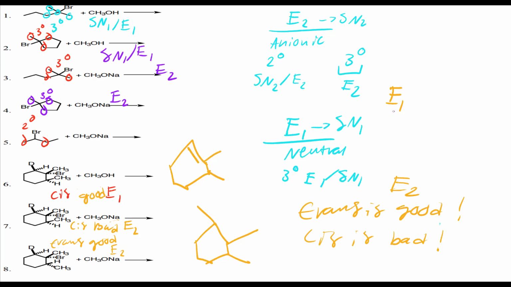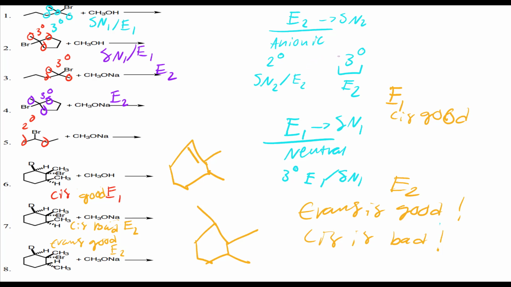But for E1, you're going to have that, cis is good. Okay? So for E1 reaction, cis is pretty good. So it could go up or down, right? But for E2, cis is bad. Right? So that's kind of like what you need to know. But anyways, I don't really think that's going to be on the exam. If it is, then you know that for E2, trans is good, cis is bad. For E1, cis is good, right? And maybe you can extrapolate that maybe trans is bad.